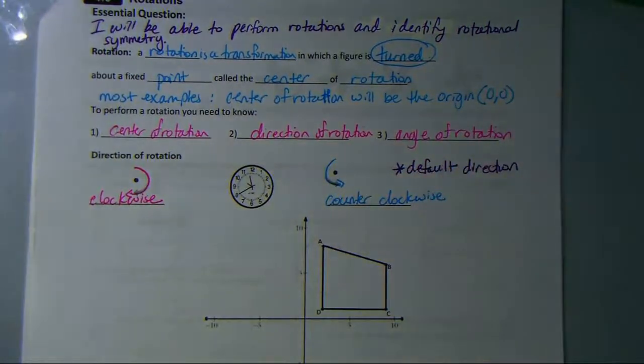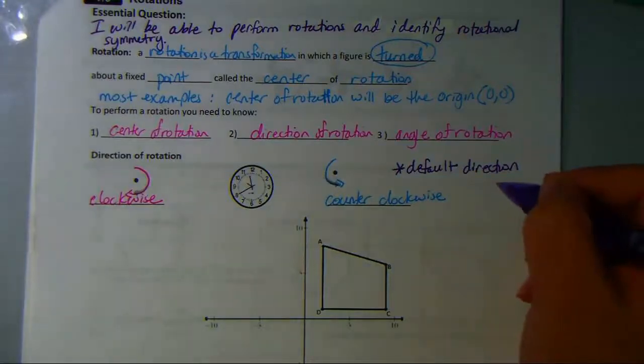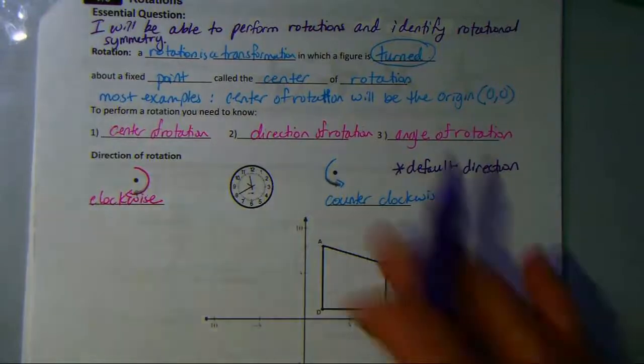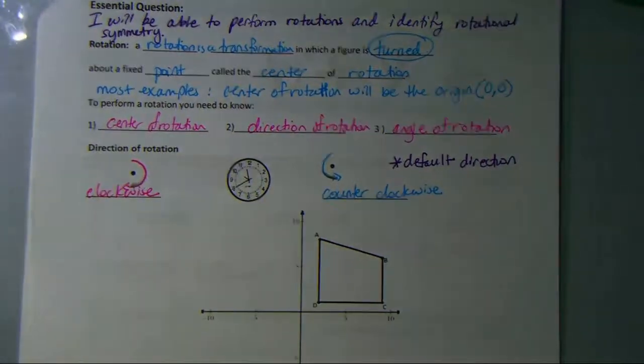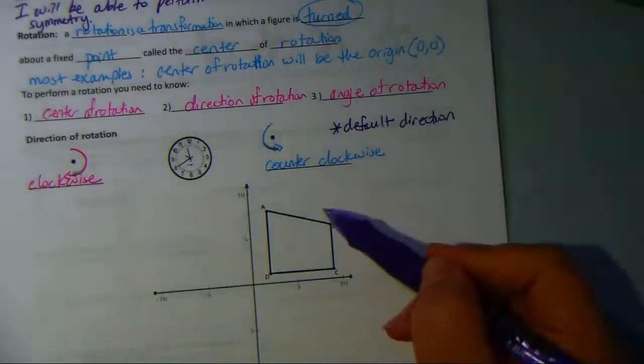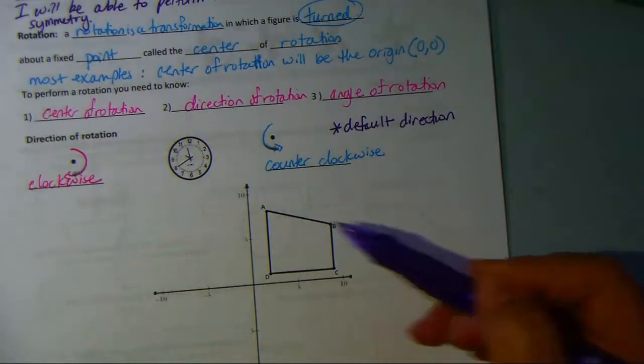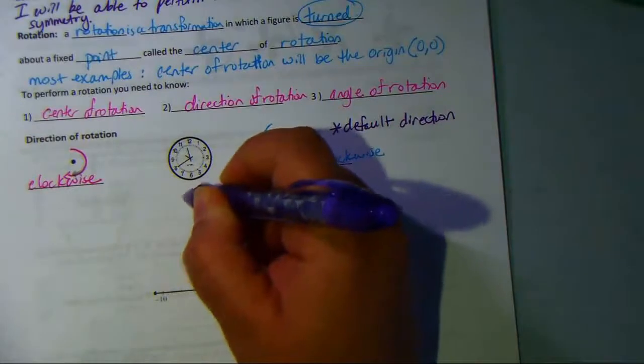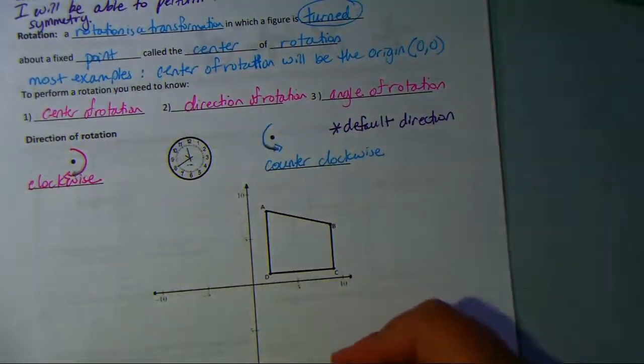So if a direction is not specified, then counterclockwise is our default direction. If I did not have a direction specified here, and I asked you to rotate this a certain amount, you would have to take it counterclockwise, not clockwise.